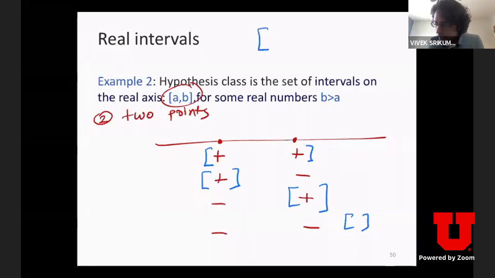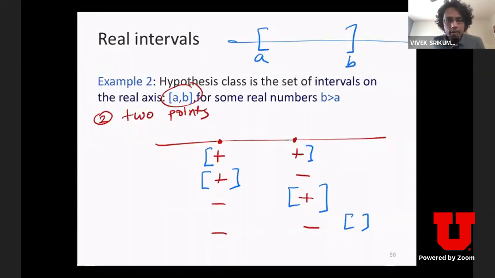By the way, when I say bracket, I just mean this is an A and this is a B. Only the pluses are inside the interval and all the minuses are outside, irrespective of whether the first point is a plus, the second point is a plus, or neither. So what we have shown is that 2 points can also be shattered by this particular set, which is interesting.